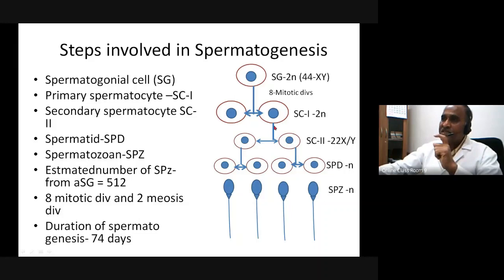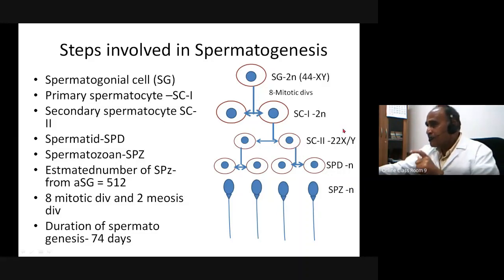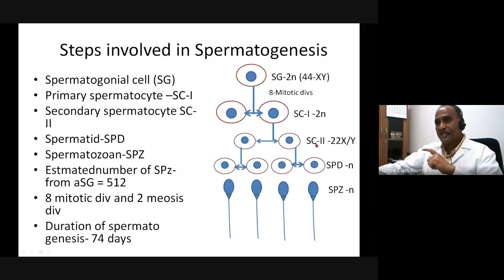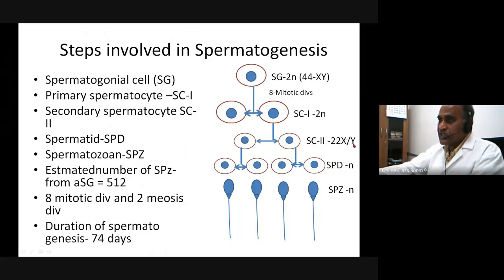It divides meiotically, the first meiotic division. That makes two cells with a haploid number of chromosomes, 22X or 22Y. This is a secondary spermatocyte. Then you have the second division that forms the spermatid.